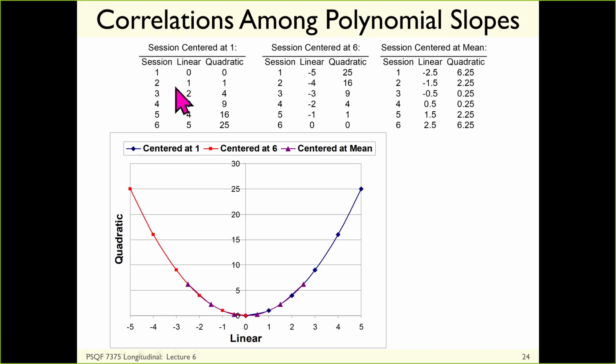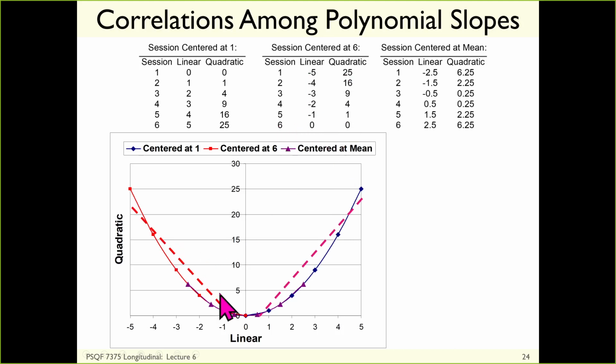So if you look at just these columns of numbers, for instance right here, linear time and quadratic time, do you think those two predictor variables are going to be related to each other? Linear time as a predictor and quadratic time as a predictor? Yeah, I think they might have something in common. So here's a positive relationship between those. Now, what if I do it this way? What if I center time at the end?